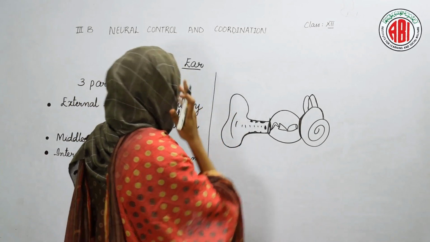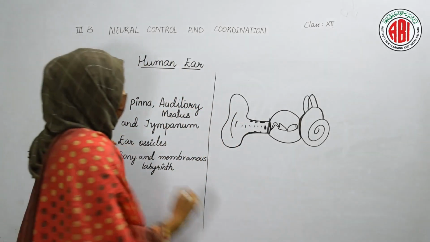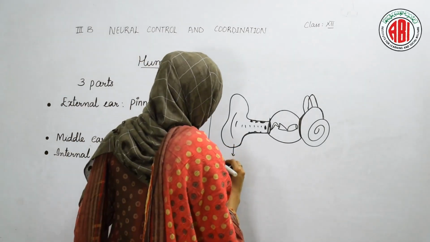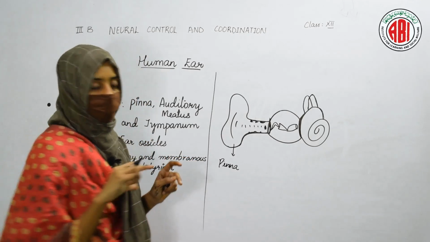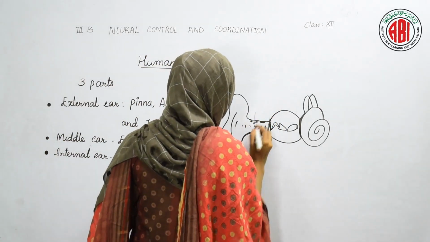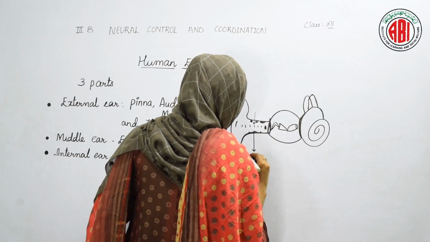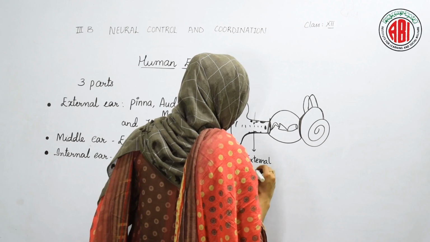The part which is visible from the outside, covered by the skin, we call pinna. This is extended and it shows a tube-like structure. We call this tube the external auditory meatus.